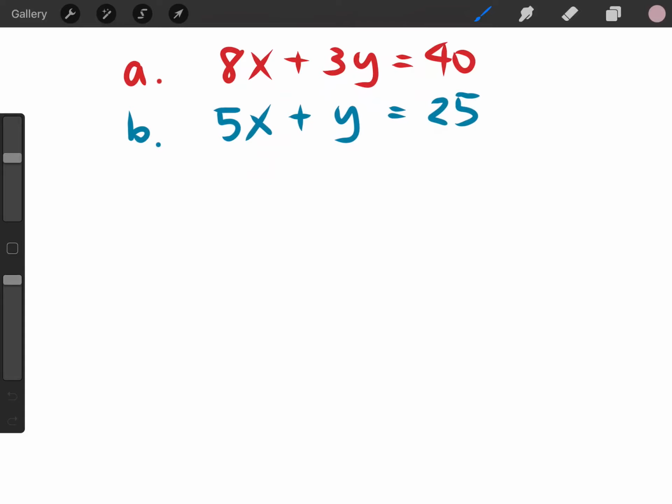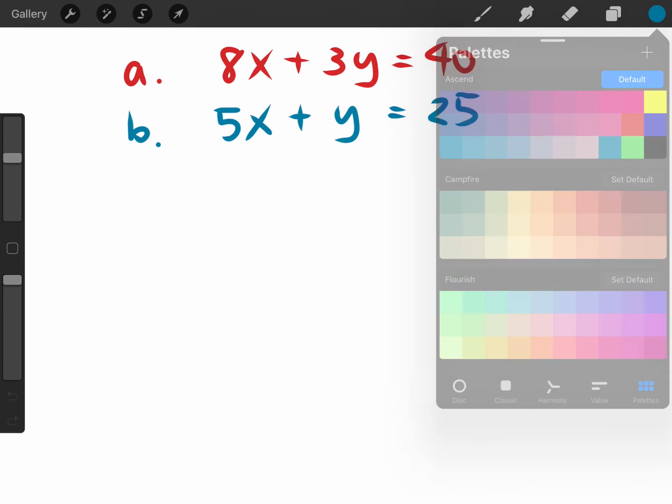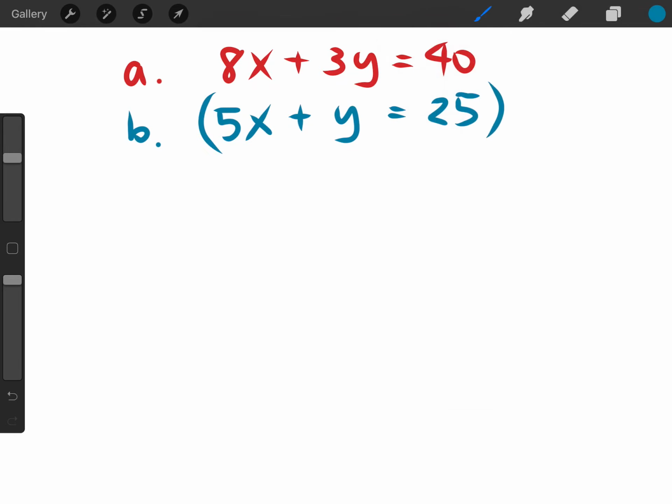Okay, so what do you have to do to eliminate one of the two variables? Okay, so let's check this out. So you can just multiply the letter B by 3. Okay, what that does is it's going to become 15x and then plus 3y.